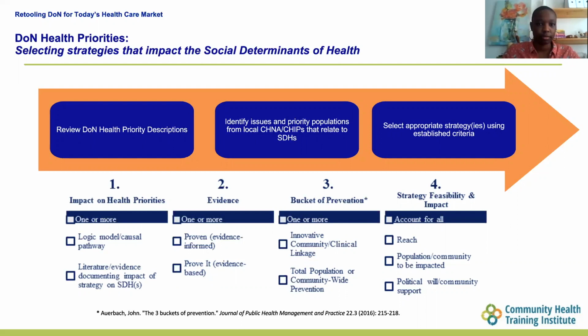Those criteria are: demonstrated impact on 1 or more of the 6 social determinants of health, demonstration that the strategy is evidence-informed and shown to impact health outcomes, demonstration that the strategy is a community clinical linkage or a community-wide policy, systems, or environmental change strategy, and demonstration that the strategy will impact populations that need it the most and is feasible to implement. Applicants may also be required to submit a health priority strategy selection form that DPH approves, outlining how chosen strategies meet these criteria.